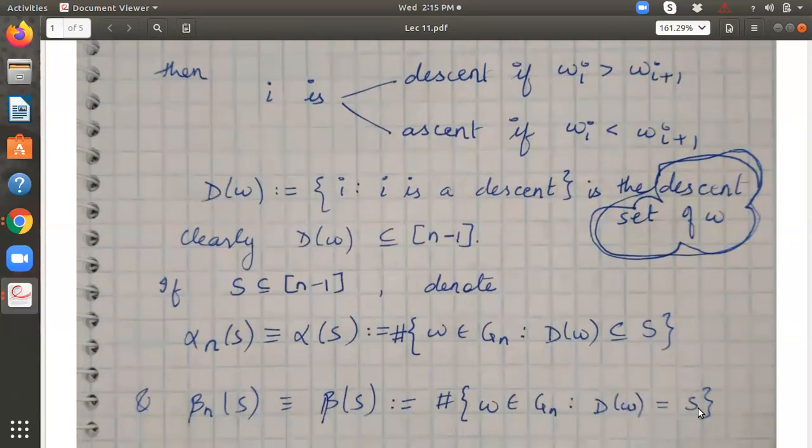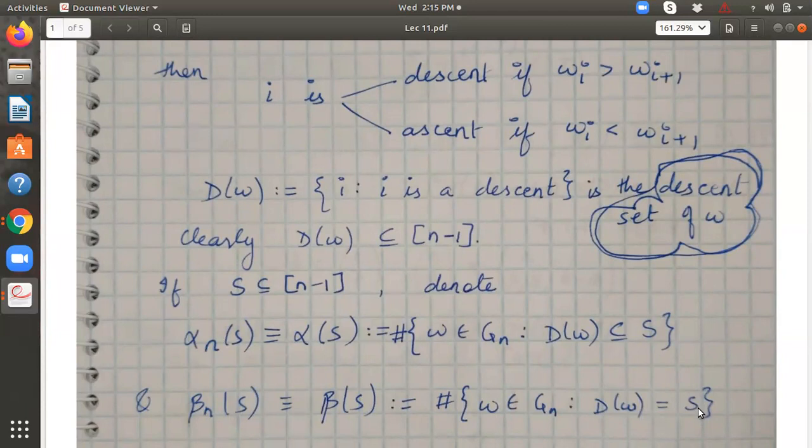So with these two parameters, alpha S and beta S, can you give me a relation between these two? Beta S will be lesser than alpha S. More? For each subset of S, the sum of the betas will be the alpha.